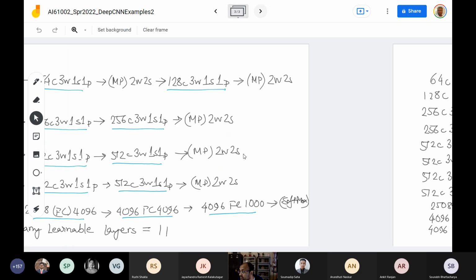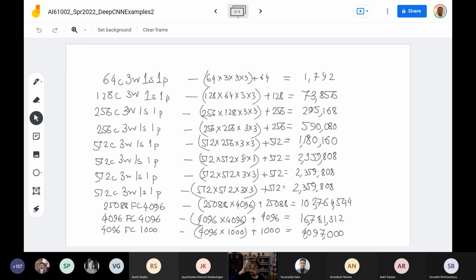Okay, so this is what my calculation turns out to be. Sir, in the bias term of the fully connected layers, shouldn't it be just one?